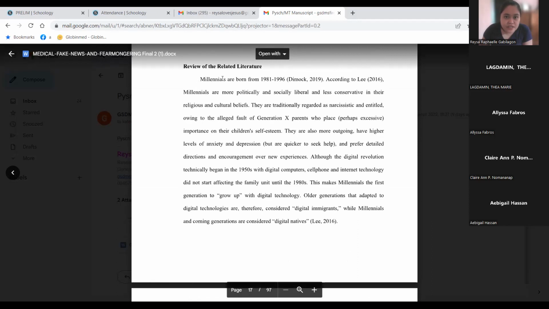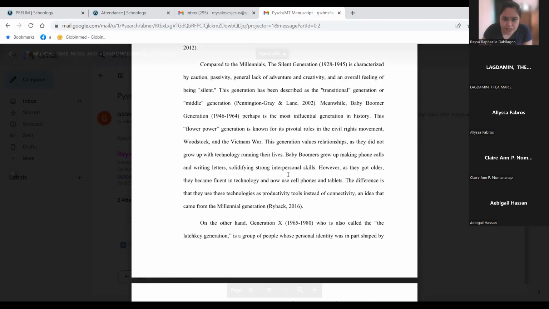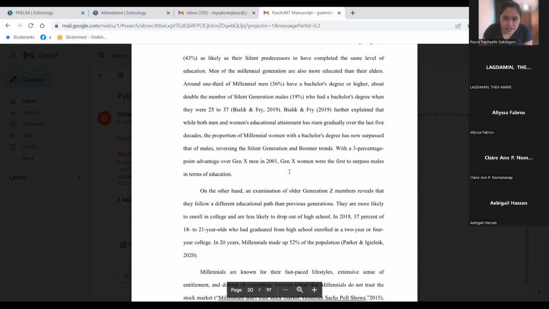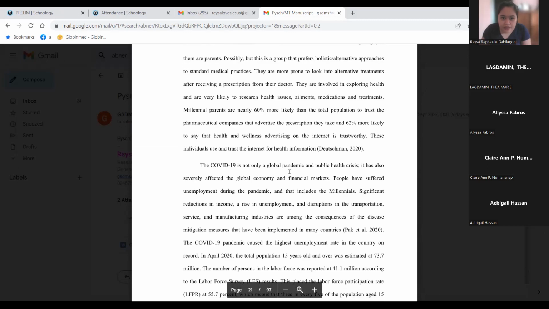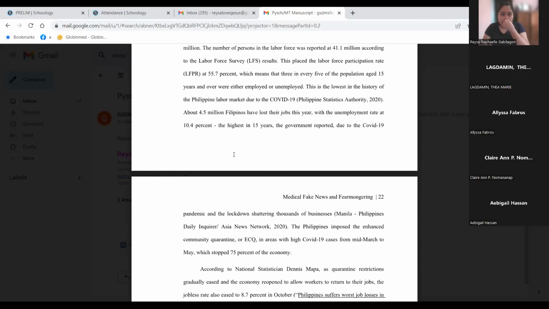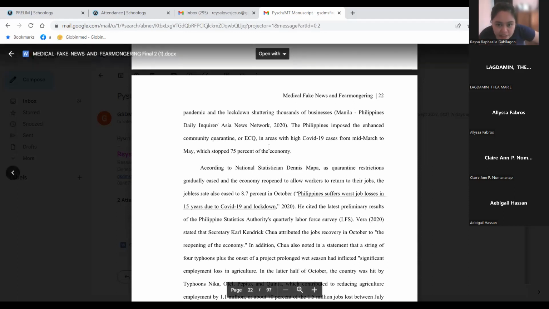They started with the discussion of the millennials, who the millennials are, and so on. Then they moved on to COVID-19, because this is about fear-mongering and fake news during COVID-19.